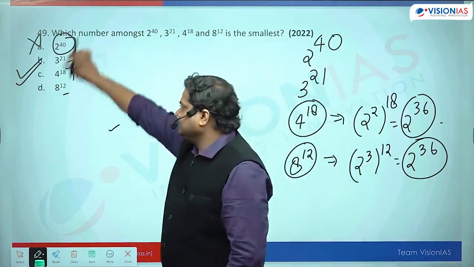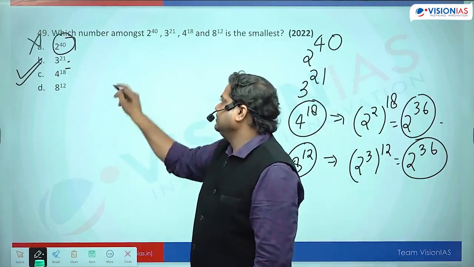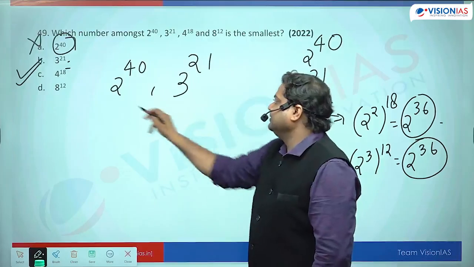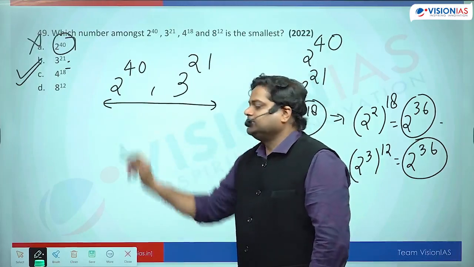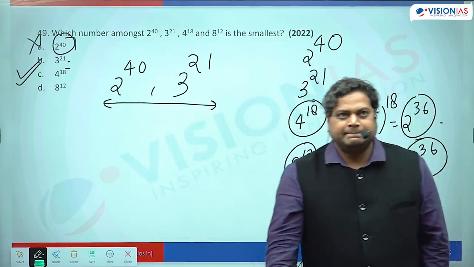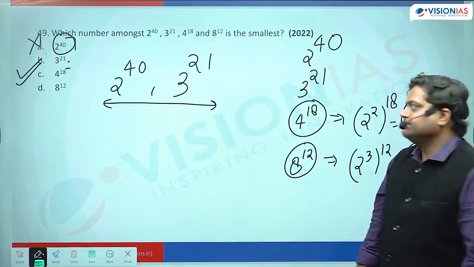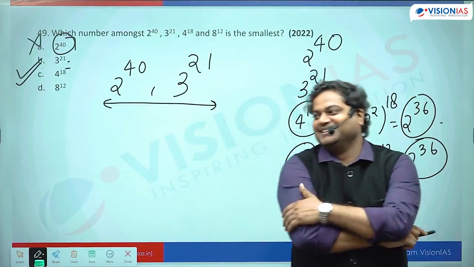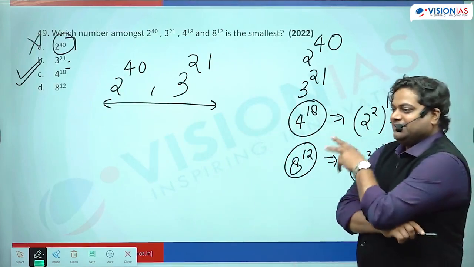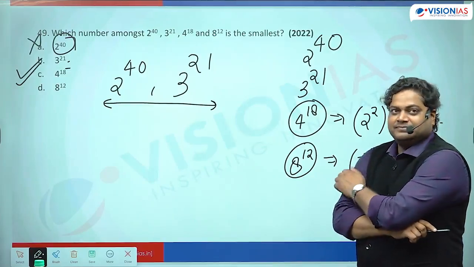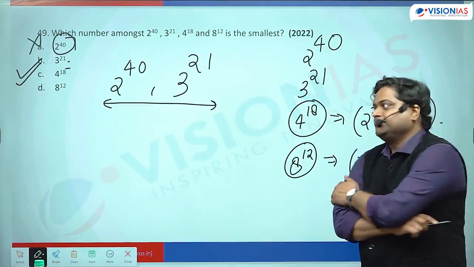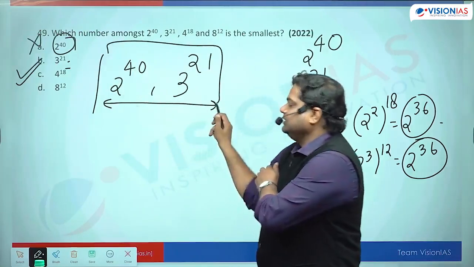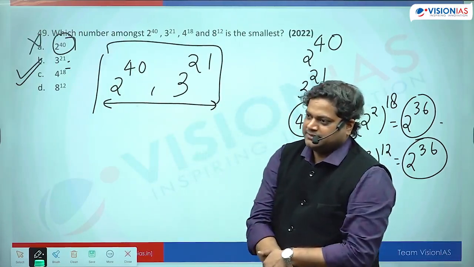अगर ऐसा क्वेश्चन हो, सिर्फ यही लिखा हो कि 2 के पावर 40 and 3 के पावर 21, which one is the smallest number? Then कैसे will find out? लिमिट लगा के नहीं, कि ए बाई बी करके, if this is the question only, these two numbers, which one is the smallest one?